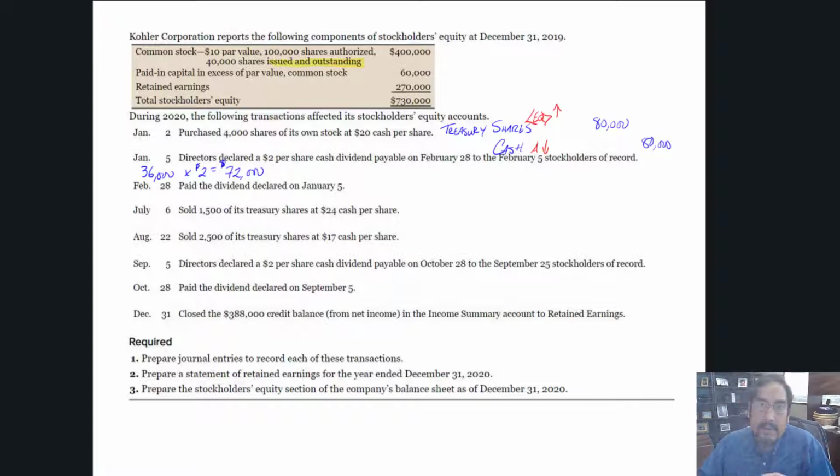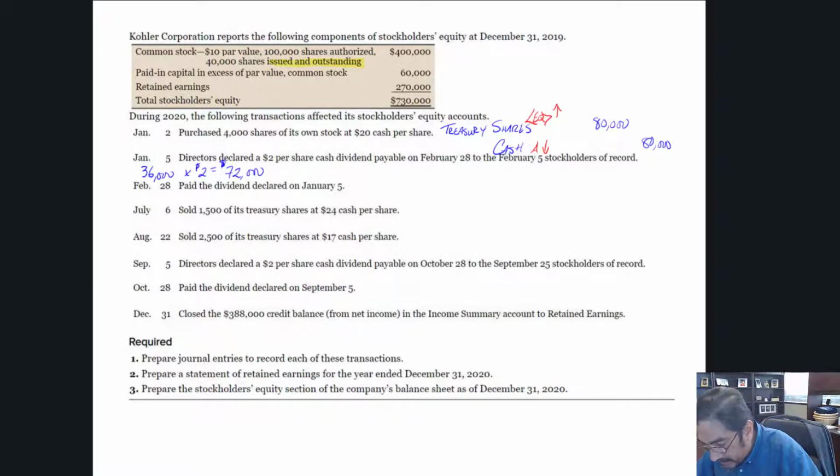When we declare it, remember we're under no obligation to ever pay a dividend, but when we declare it, we make ourselves legally obligated to pay it. So we're going to record that we owe this cash dividend payable. When it's a cash dividend, we record it as a liability called common dividend payable.